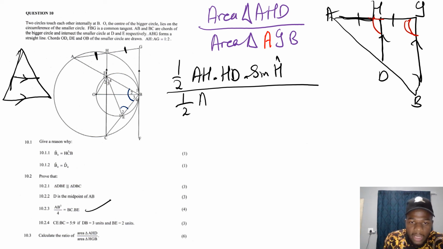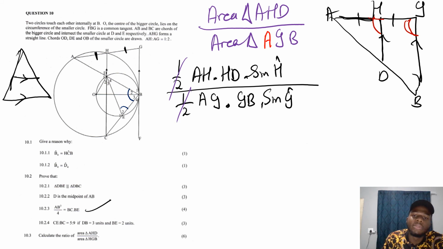We will be using side AG multiplied by length of GB multiplied by sine of G, or you can write sine of H because they are the same. So half and half will divide each other. Sine H and sine G will divide each other because those angles are equal. Alright, so let's check. We are left with AH multiplied by HD.